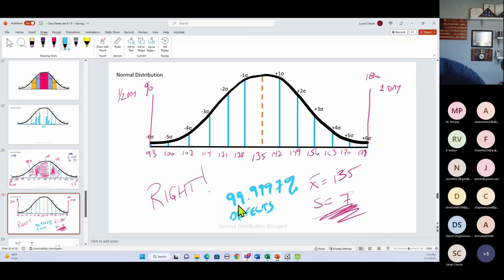And then in this case right here, I can tell you predictably, when we say predictable and consistent.